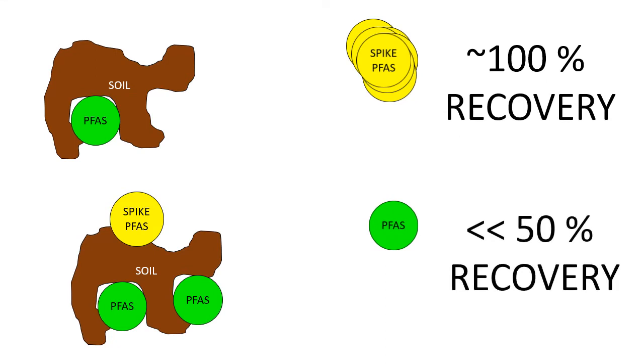And so in this scenario, you can get about 100% recovery of your surrogates or your internal standards or whatever you spiked into the soil sample. And simultaneously, you could get very low recovery of PFAS analytes that are endogenous to the soil sample because those PFAS are more tightly bound, whereas what you spiked in is lightly bound. And this could give rise to false negatives.